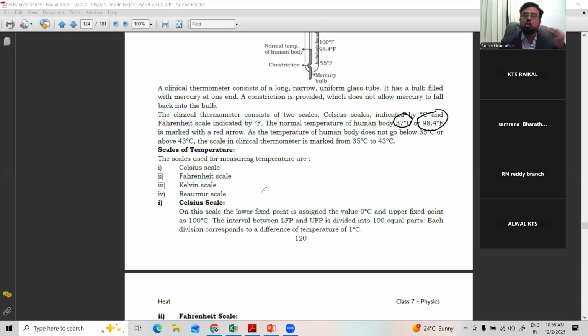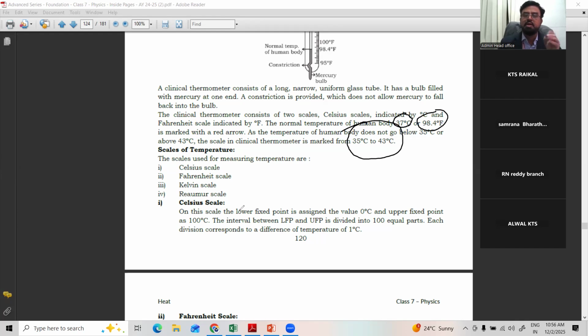We can call it cold or fever. It is marked with a red arrow. The temperature of the human body does not go below 35 degrees Celsius or above 43 degrees Celsius. If it goes above 43, gone. Or below 35 also, it is a problem. So the scale of the thermometer is marked from 35 degrees Celsius to 43 degrees Celsius.